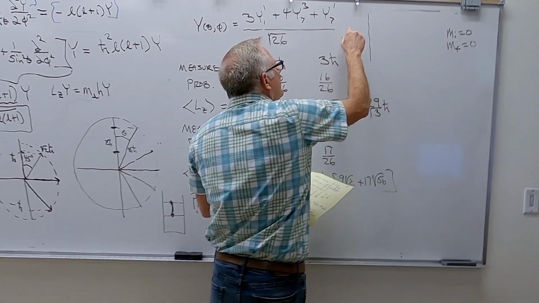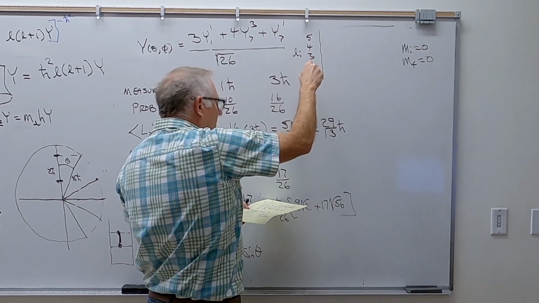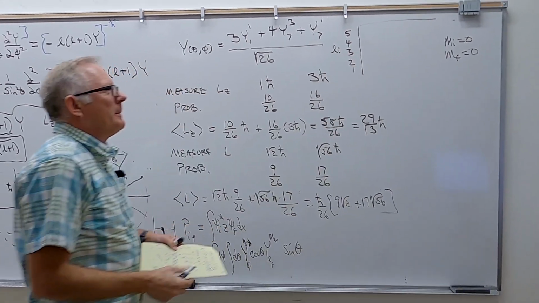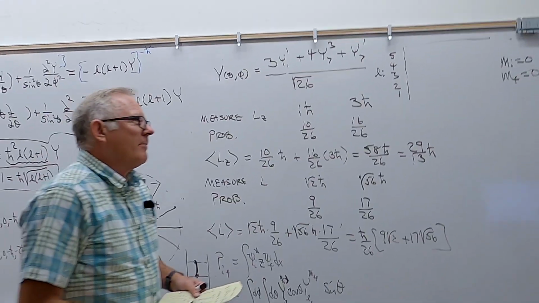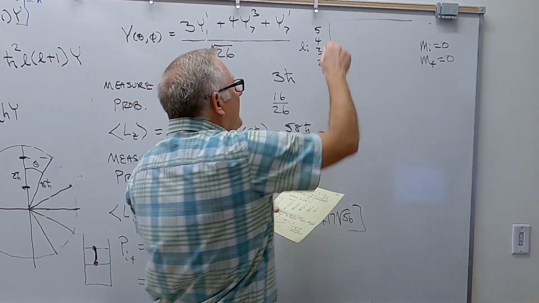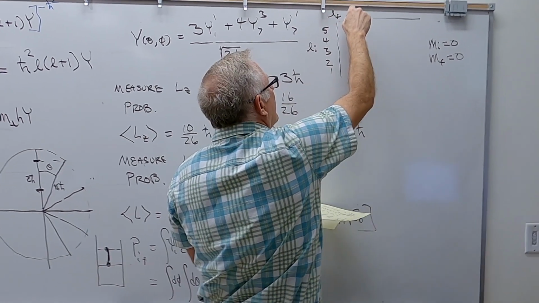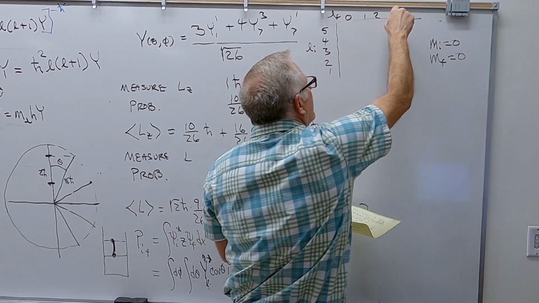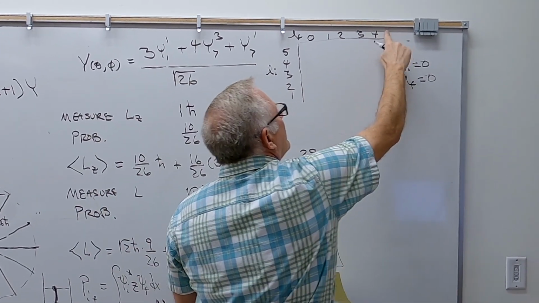This is the initial L: 5, 4, 3, 2, 1. I don't want to start at 0, because if you start at 0 you can't drop. Then up here is L final, and this one can go to 0: 0, 1, 2, 3, 4, and 5, and we'll go higher.